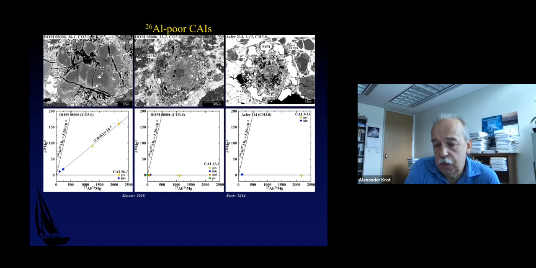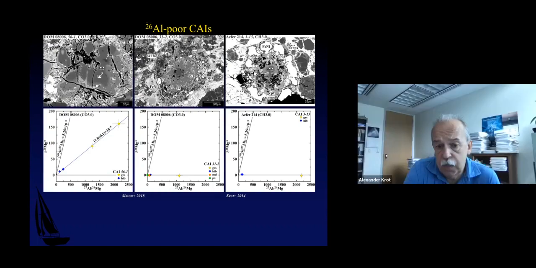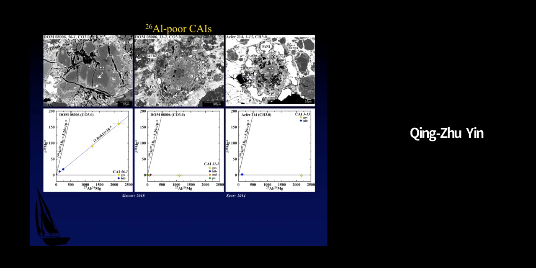And all the CAIs have O-16 rich isotopic composition, so it means that they formed in the same reservoir where all other inclusions originated, near the protosun. But the isochron on the left is only 1 times 10 to minus 5, and two other isochrons show no resolvable excess of magnesium-26.